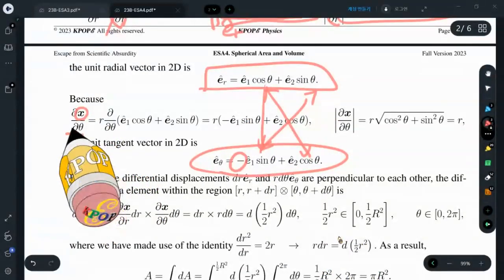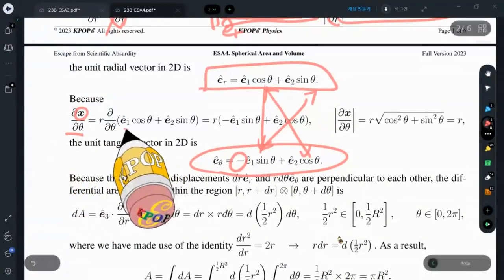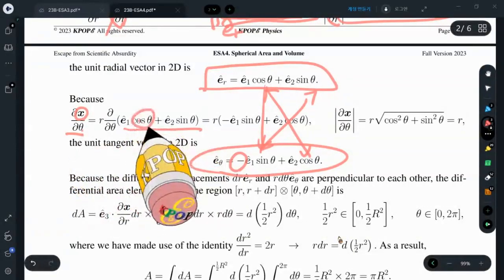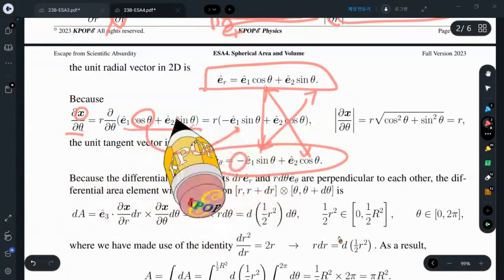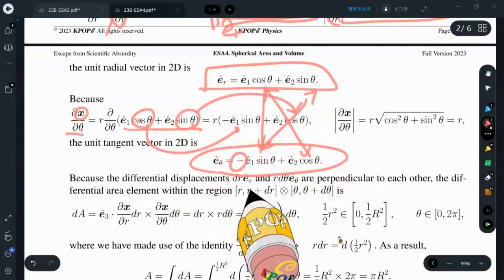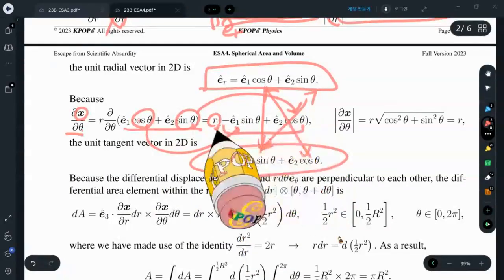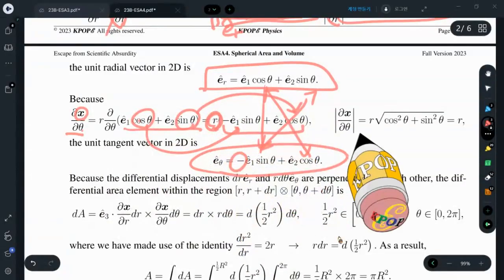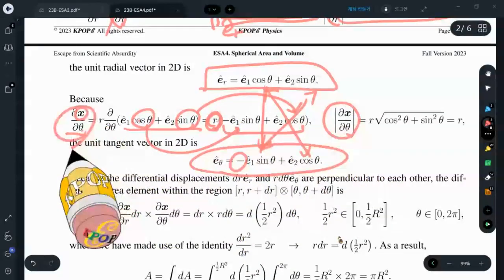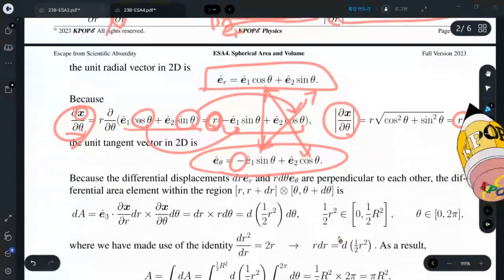However, we can compute by hand: take the partial derivative with respect to the angle of the displacement vector. This, theta, okay, is replaced with a minus sign, and this one is a cosine. Now we know this one has unit magnitude, this one has a radius r. So the magnitude of this vector is r.